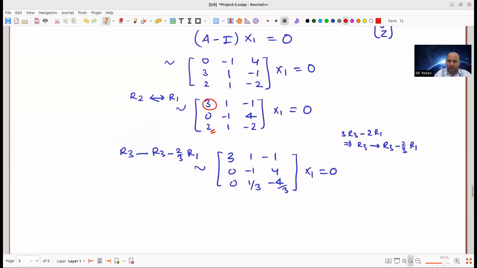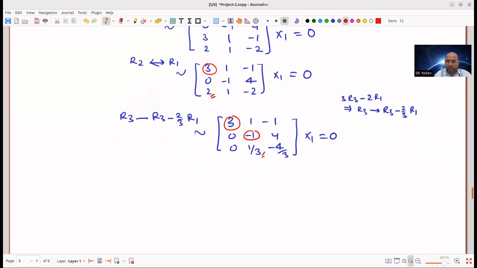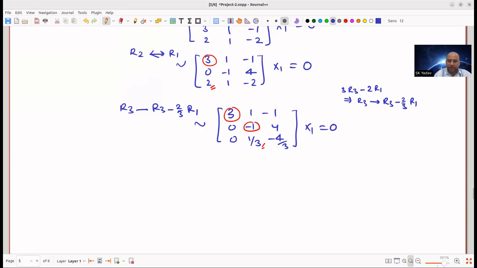Now I can easily see this is the leading element in the first row, second one, this one. And in the third row, I have this to make 0 by using the second row. So you can guess the operation. I can apply simply R3 is now changed to R3 plus 1 by 3 R2.